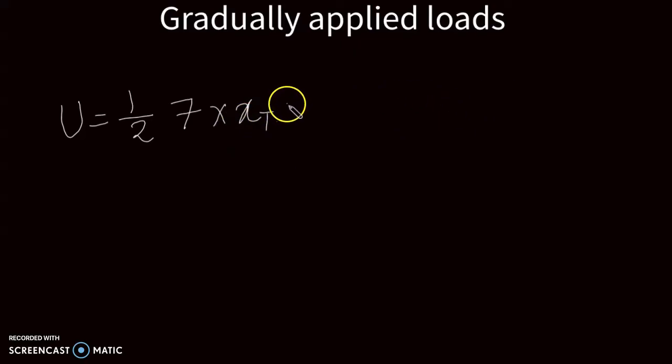Now you can express this formula depending on the type of information that you are given in the question. You will need the formula for strain. Hopefully you still remember this.